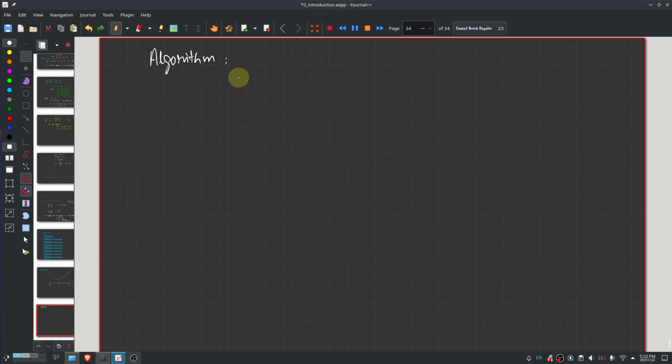So that gives us the following simple algorithm, which is you start with A0 and B0, and at every step you do the following. Take C equal to (A_{i-1} plus B_{i-1}) by 2.